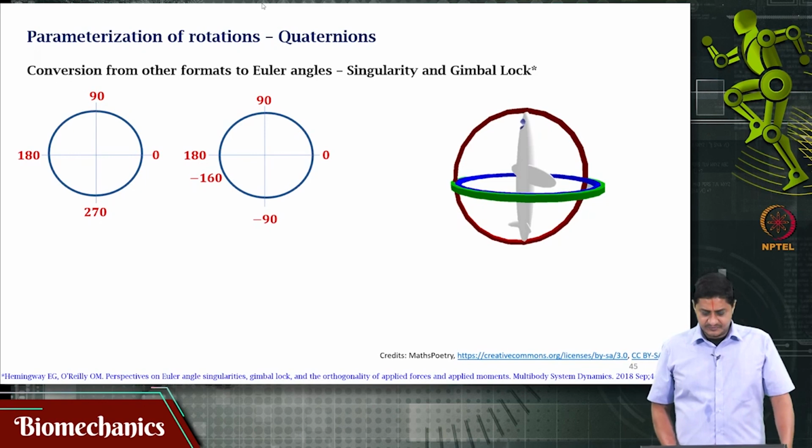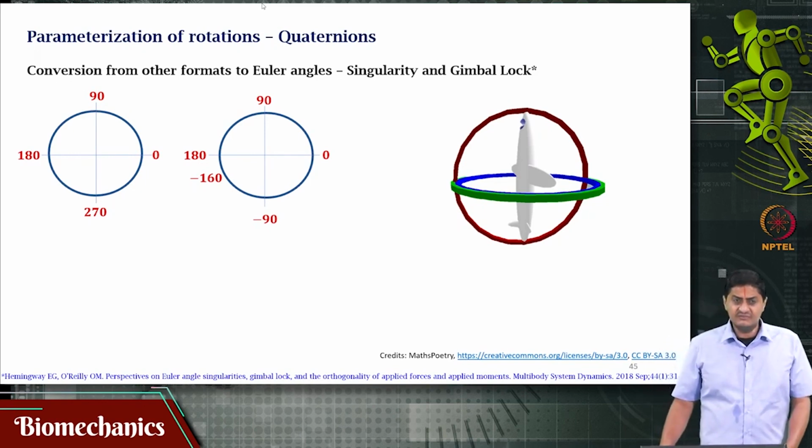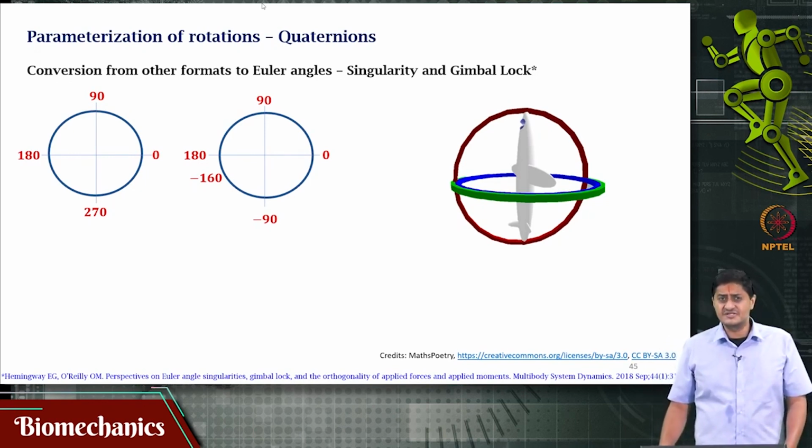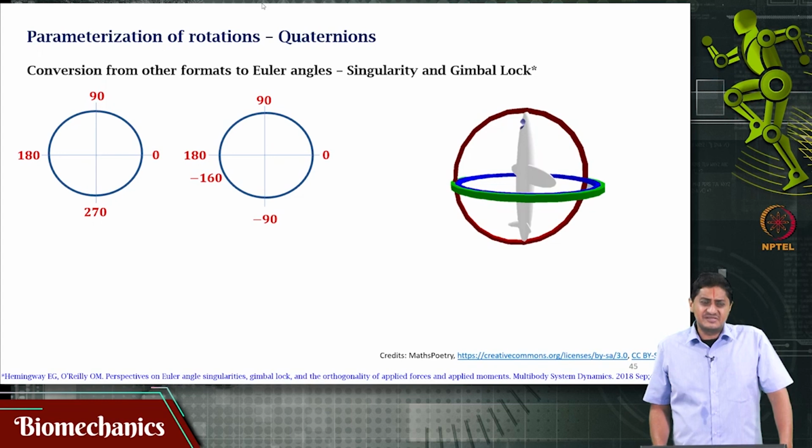So, we looked at rotation matrix, we looked at Euler angles, and we looked at quaternions. These methods have their own specific advantages and disadvantages. The most important advantage of the Euler angle method is that it is intuitive, because we understand angles.